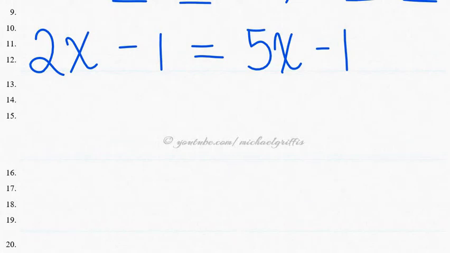Now pay close attention here. We have a 5 as a coefficient in front of x and a 2 as a coefficient. So I want my coefficient to be a positive number, and that means that we're going to have to subtract 2x from both sides. In other words, think of it as taking 2x over here to the right.